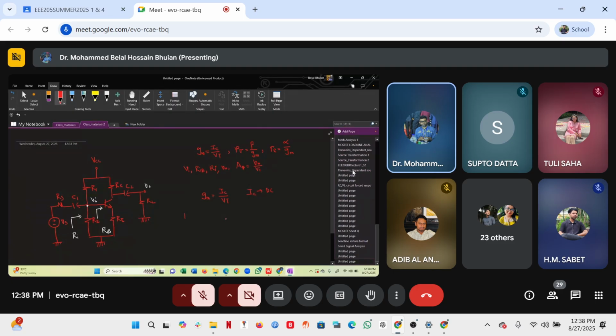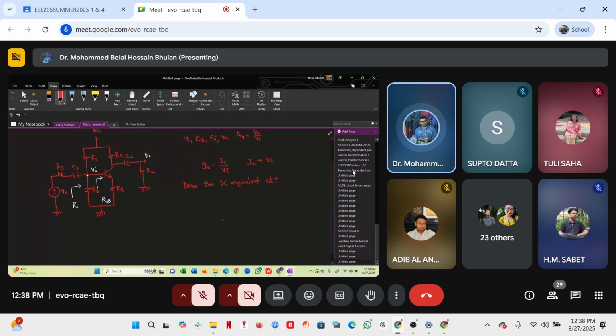First step, draw the DC equivalent circuit. What are the steps to draw the DC equivalent circuit? Number one, you notice we have two capacitors, C1 and C2. And last class, we learned that to a DC signal, capacitors are always open. C1, C2, both of them are open.